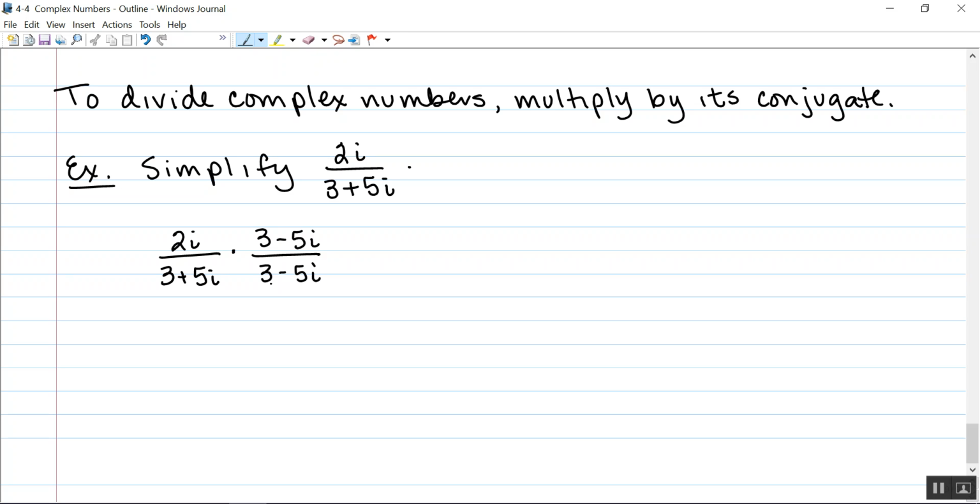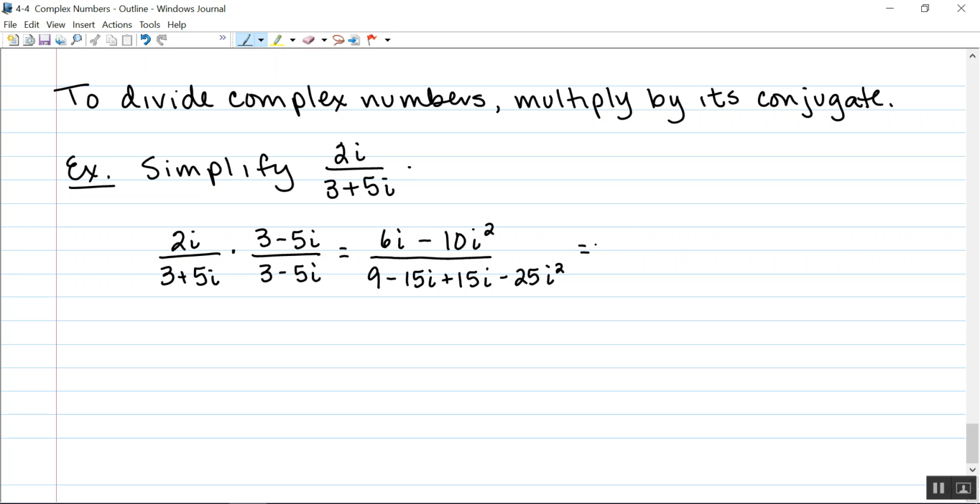And when I FOIL on the bottom, it will get rid of the i eventually. So on the top, let's distribute. That's going to give me 6i plus 10, I'm sorry, minus 10i squared, and I'll clean that up in just a minute, over, and let's FOIL on the bottom, 9 minus 15i. My inner gives me a positive 15i, and my outer gives me a negative 25i squared.